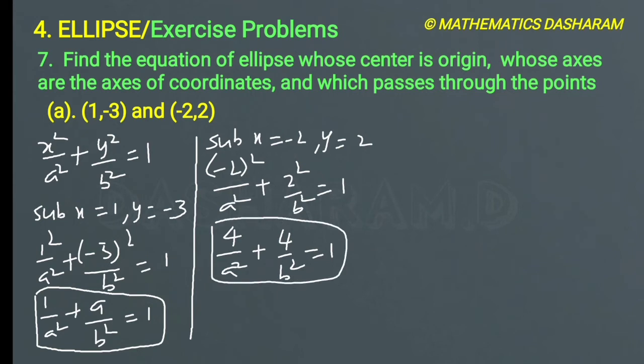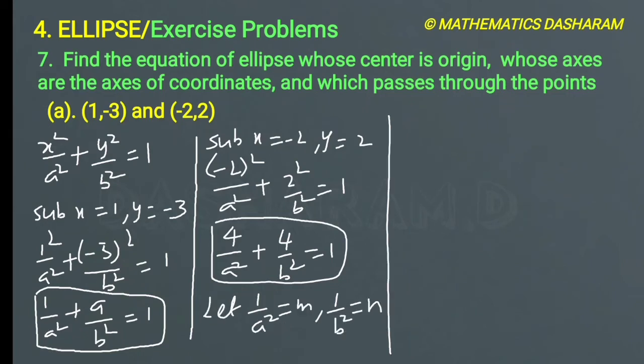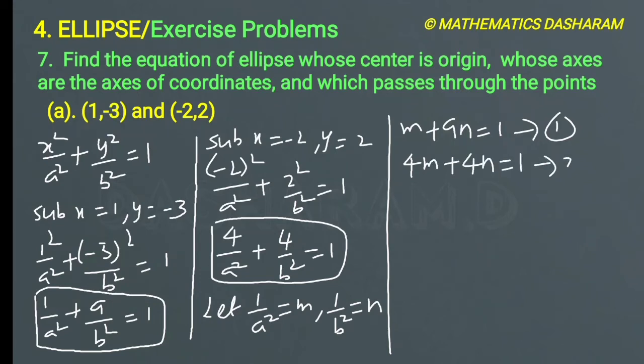So in the two equations, the denominators are the same: a² and b². So let 1/a² equal m and 1/b² equal n. Then the two equations become: the first equation is m + 9n = 1, equation 1. The second equation is 4m + 4n = 1, equation 2.